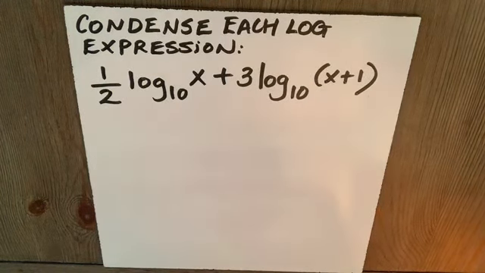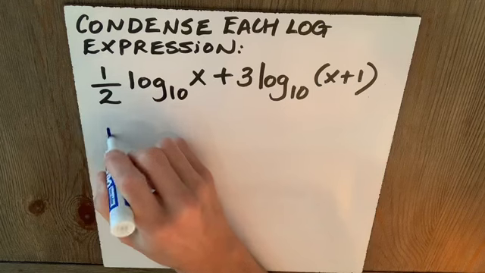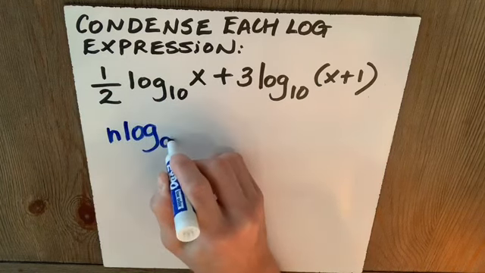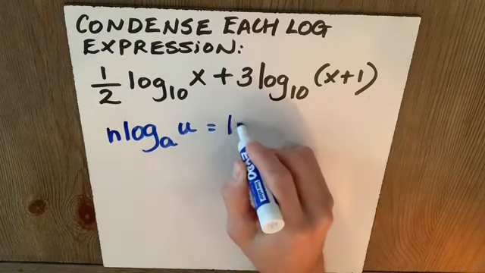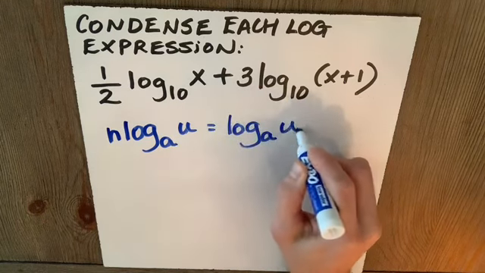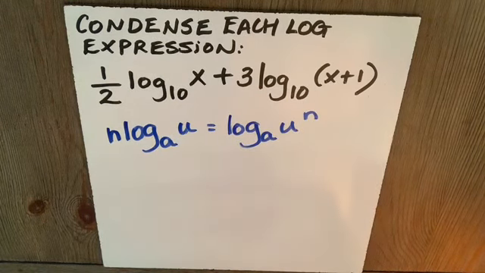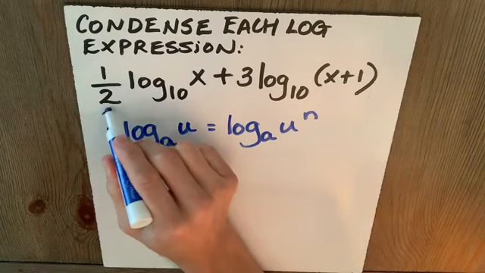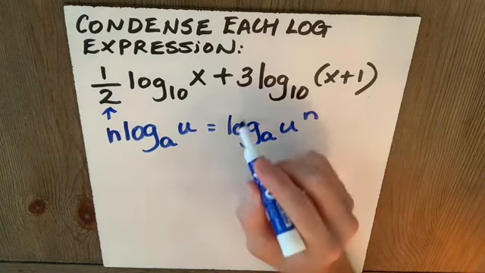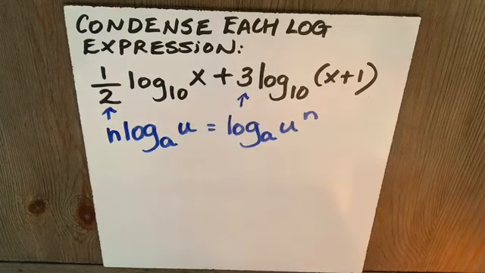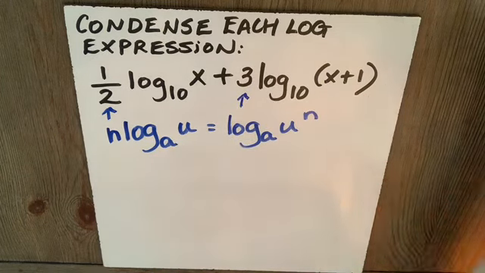So first things first, I want to get rid of my coefficients. I'm using the power property. n log base a of u becomes log base a of u to the n. When I'm condensing, that's what I'm doing. And I'm recognizing playing the role of n in my first term is 1/2, and playing the role of n in my second term is 3.